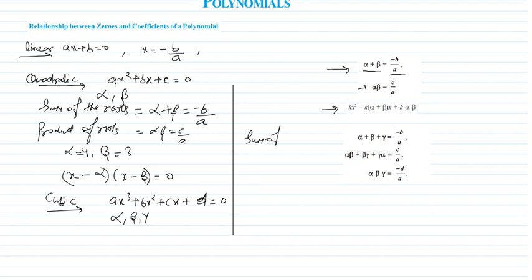Here it is given for the sum of the product of the roots, sum of product, and in this case the product of the roots. So these are the relationships given for linear polynomial, quadratic polynomial and cubic polynomial.